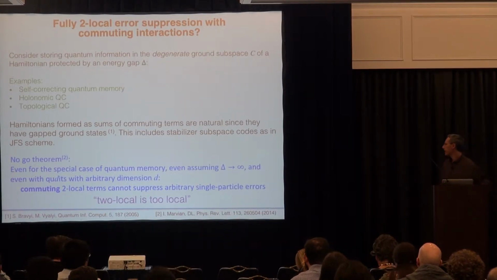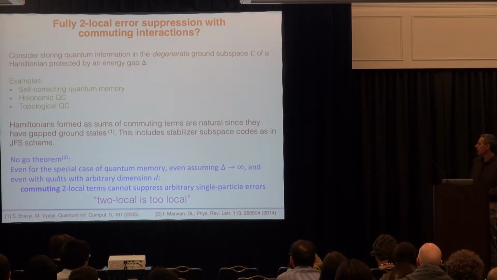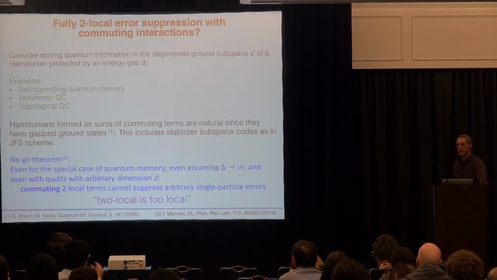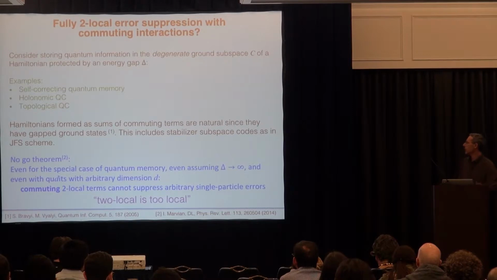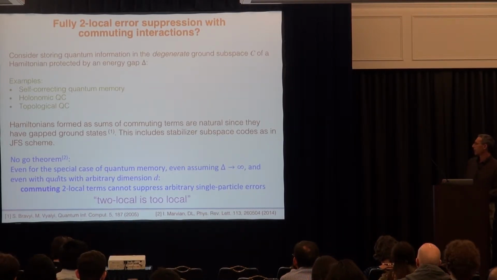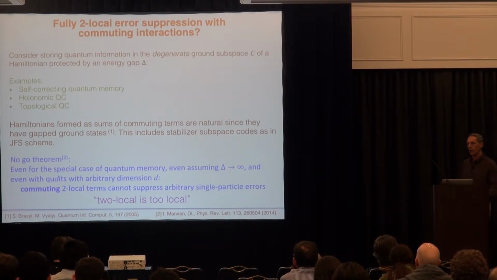And they fail because they cannot suppress arbitrary single particle errors. There will always be a single particle error or a single qudit error that is going to create an excitation. So we call this in this paper, too local is too local.